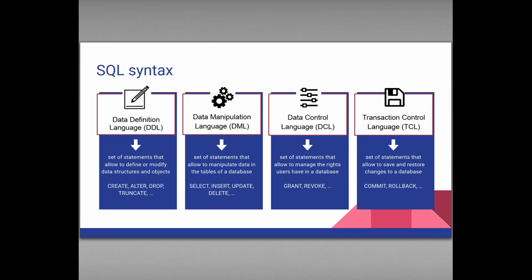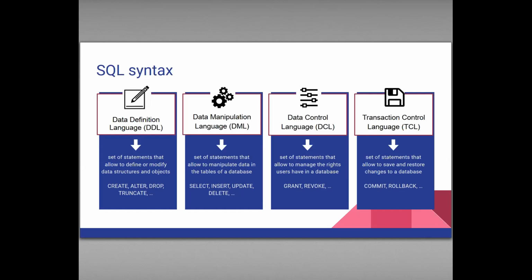So the first one, the DDL, is a set of statements that allows us to define and modify data structures and objects. And objects are, for example, tables. Typical commands are create, alter, drop, and truncate. As the name suggests, create you can use for creating data structures, databases, and objects such as tables.